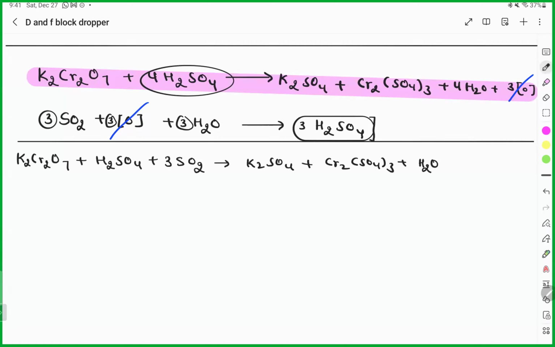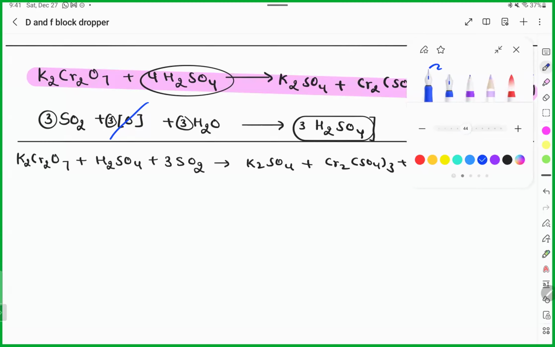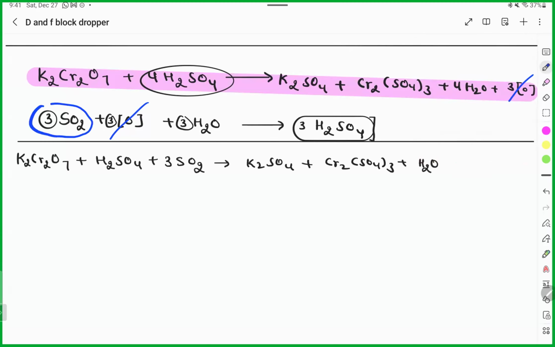Makes sense? So what is happening? Why is it crucial? Because in this case your SO2 converts into SO3, but still it does not look like this. Why? Because net still it is present on the left hand side.